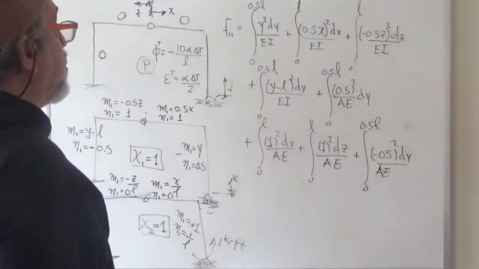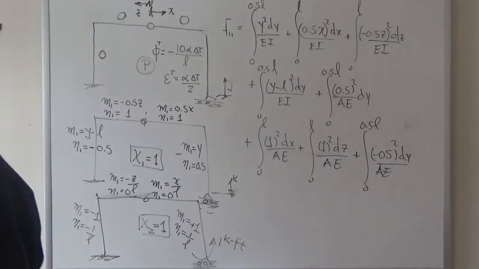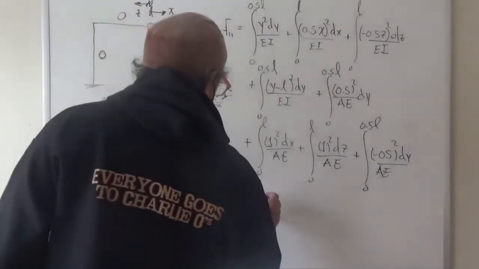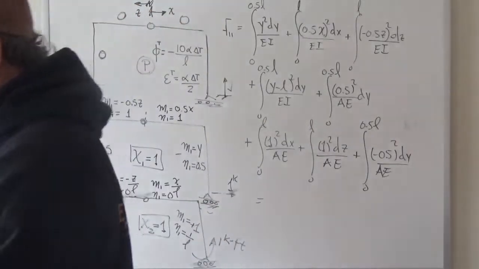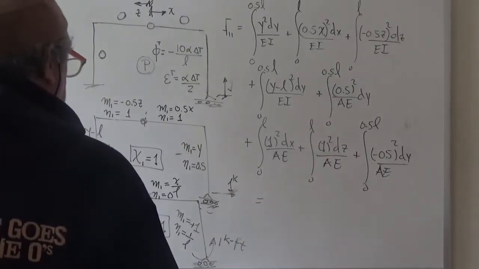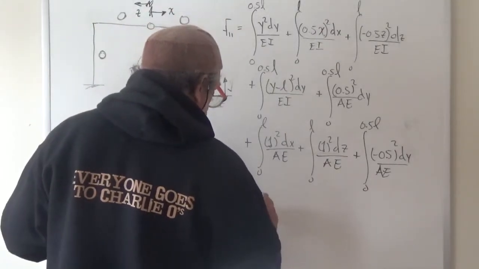So we should have 8 terms. 1, 2, 3, 4, 5, 6, 7, 8 terms. 4 which are coming from bending, 4 which are coming from axial. Now, I get, for those results, something. You can certainly confirm it yourself, or rather, you have to confirm it.